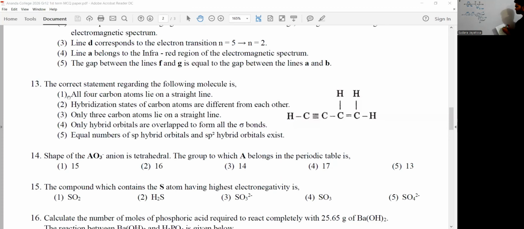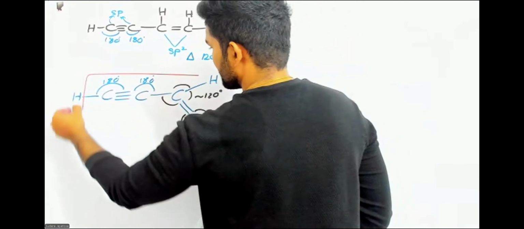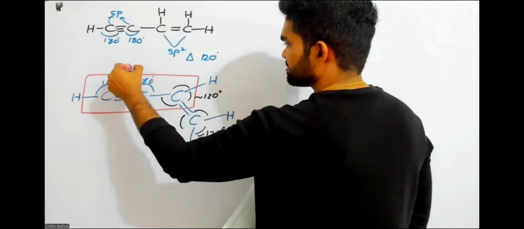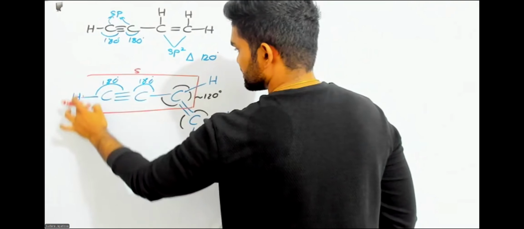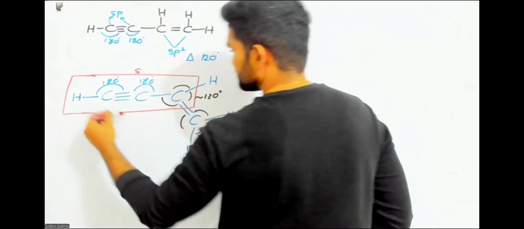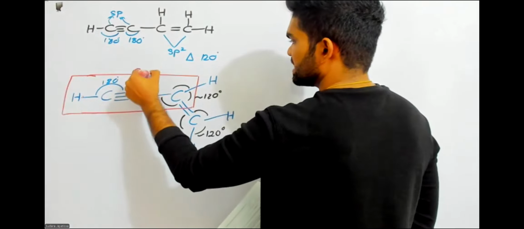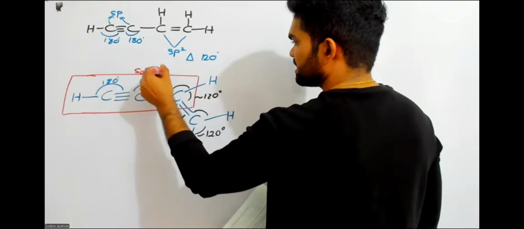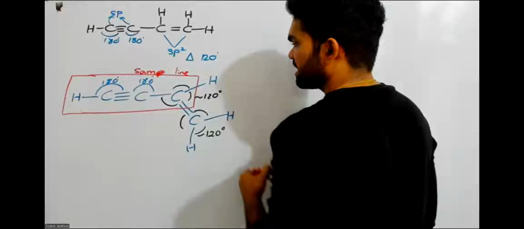Only the first three carbon atoms are in the same line. These are the carbon atoms that are in the same line. You can include this hydrogen also. sp hybridized atoms and their connected atoms are in the same straight line.